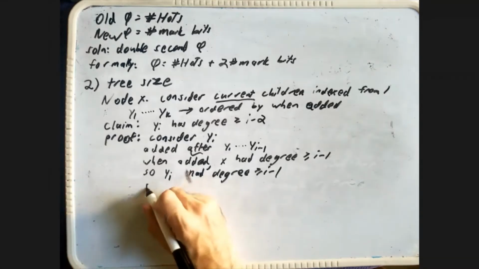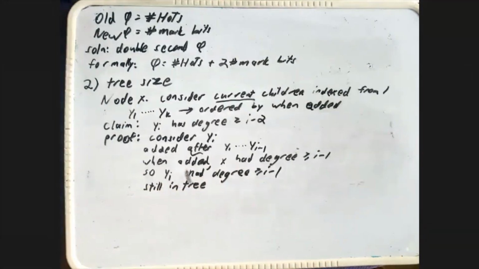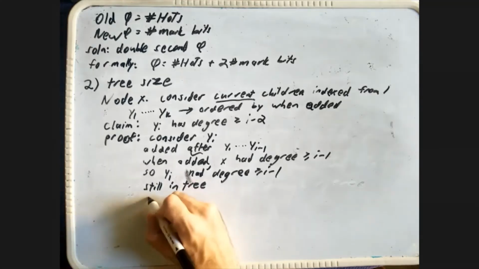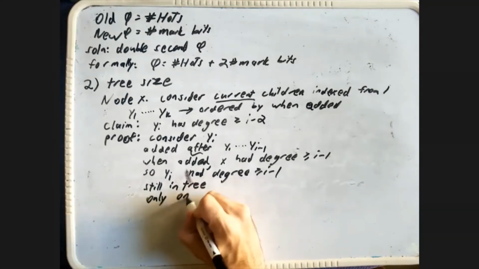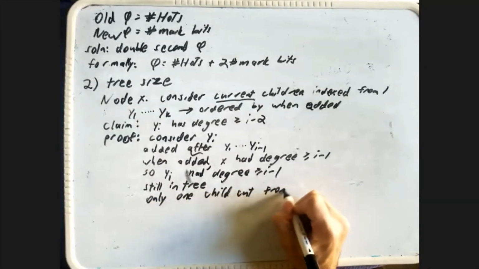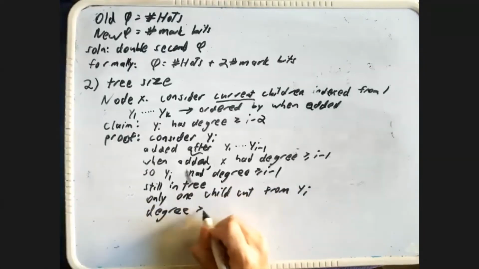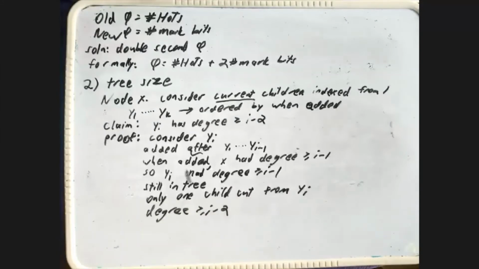Well, it's still in the tree, right? It's a child of x. So what does that mean? That at most one cut must have been performed. Exactly. Only one child was cut from yi, and so that tells us that its degree is at least i minus 2. Clear? Any questions about that?